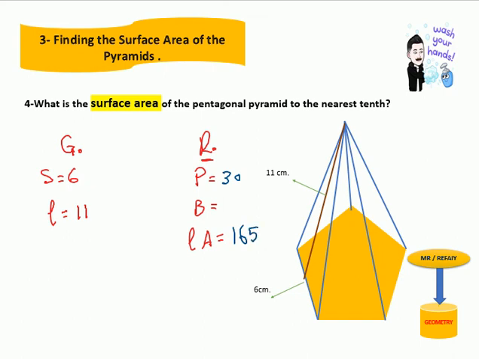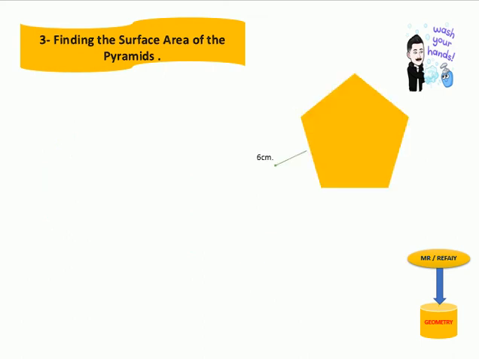Now how to get the area of the base? This base, it's a regular pentagon. It means that all of these sides are equal. So this one is 6, this one is also 6, all of them.